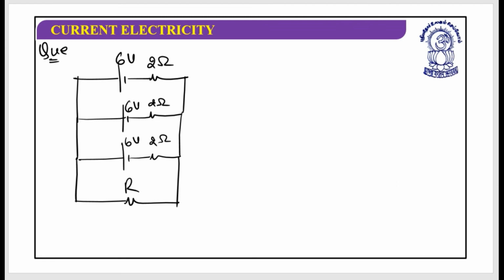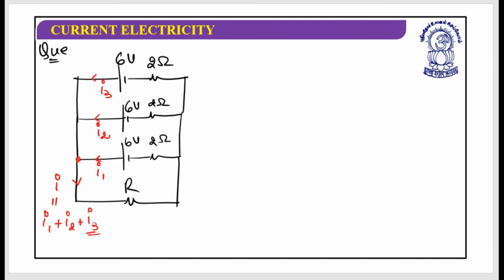Let's suppose this is current I1, this is current I2, this is current I3, and the total current is I, which equals I1 plus I2 plus I3, which you understand by common sense.